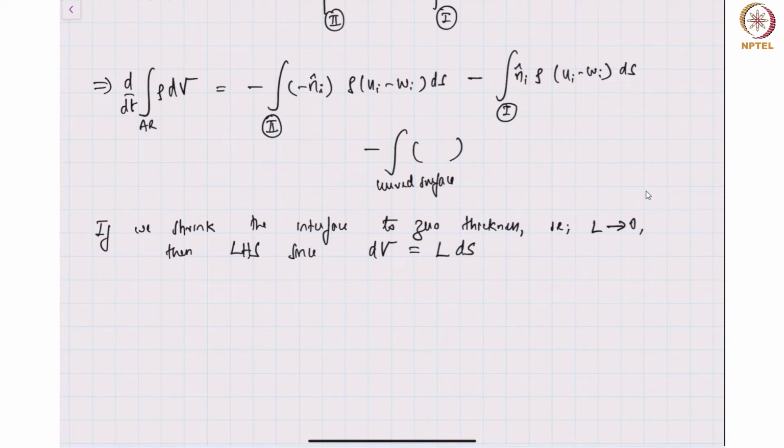Therefore the left hand side is 0. In addition, one more important step: the curved surface also disappears.